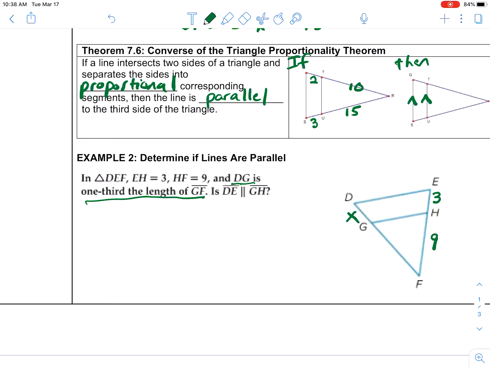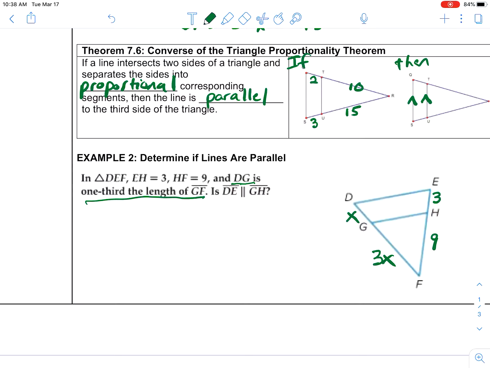So that in itself essentially tells us what we have here, that we do have a 3:1 ratio between the two sides. Even if we don't know the length of DG and FG directly, we do know that the ratio is a 3:1 ratio, and that is true for FH versus HE.